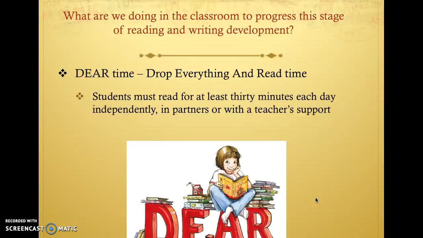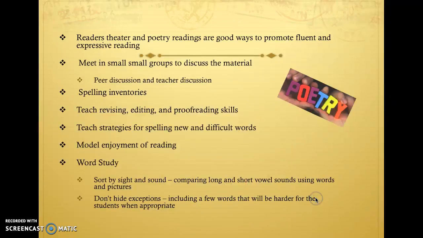And this slide says they must read for 30 minutes each day independently, in partners, or with a teacher's support. So if you had 15 minutes of DEAR time and 15 minutes when children were reading in partners, that would get to their 30 minutes, and then you could also read with them with the teacher's support, and then they would have even more time. So you really want to think in a classroom about how much time the child has to read.